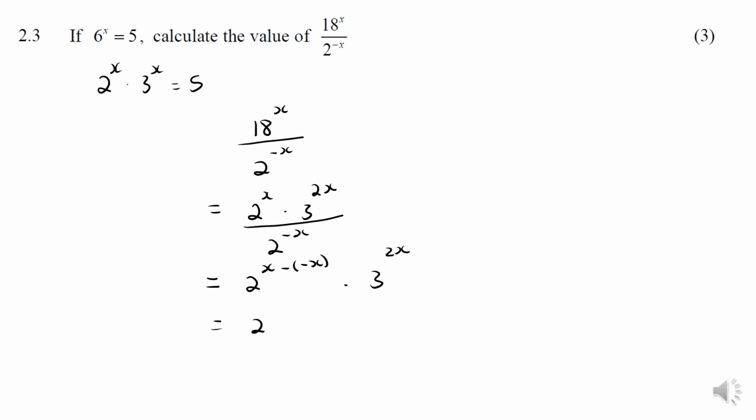That gives me 2 to the power of 2x times 3 to the power of 2x, which is basically 2 to the power of x times 2 to the power of x times 3 to the power of x times 3 to the power of x. And since we know that 2 to the power of x times 3 to the power of x is 5, we have 5 times 5, which is 25. And that is the end of question 2.